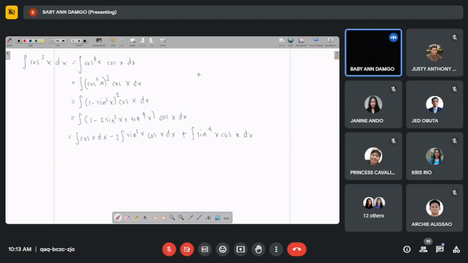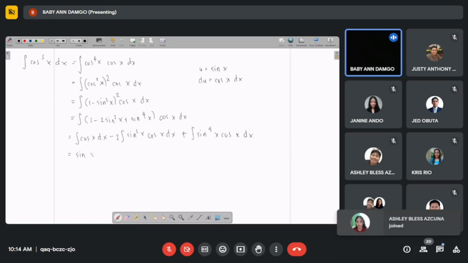Okay, so we let u be equal to sine x. Our du here is cosine x dx. Okay, so the integration of cosine x dx is equal to sine x. So we have here the sine squared x.